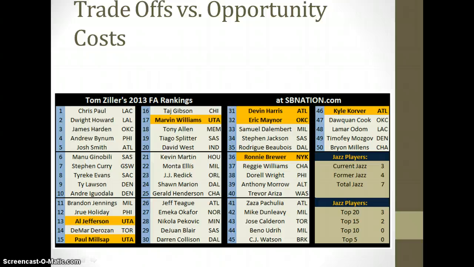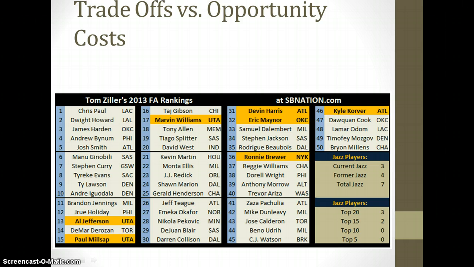The number one free agent, who was quickly re-signed by his team, was Chris Paul. Then you had Dwight Howard, James Harden, Andrew Bynum. You're seeing some pretty big names up there. Then we get all the way down to Byron Mullens and Timofey Mozgov, and Lamar Odom, who is now more famous for being married to someone than playing basketball.